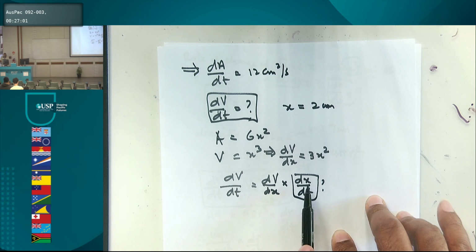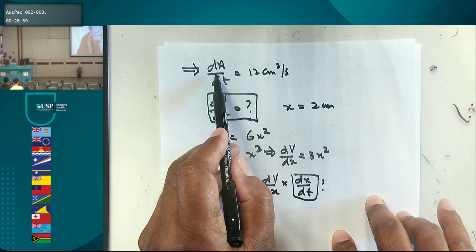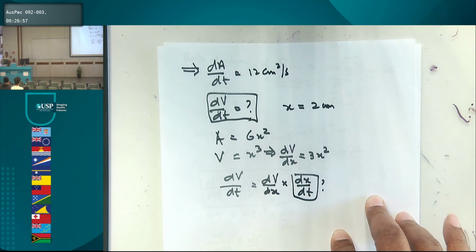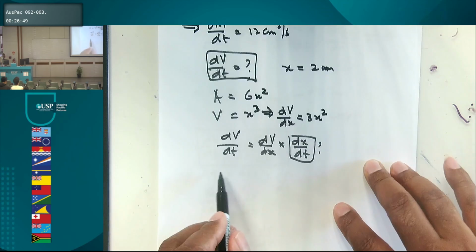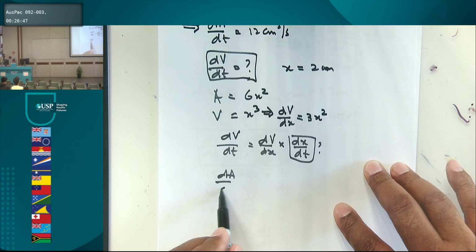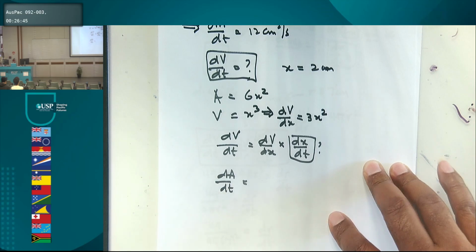I can find the value of dx over dt from the related rate dA over dt. So let me pause this here and let me go to dA over dt.